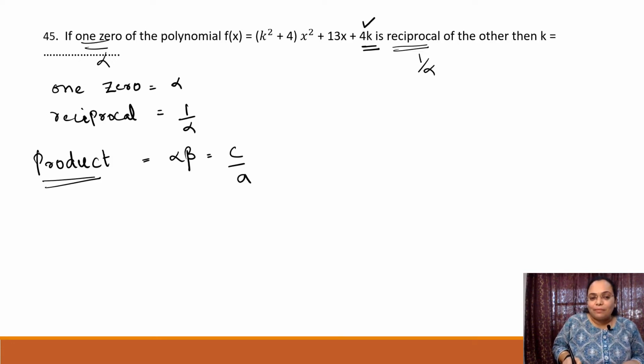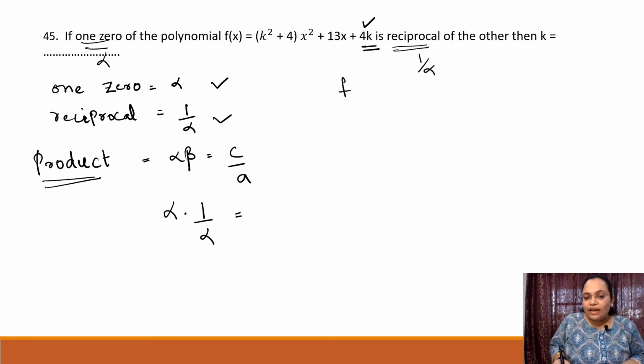What is alpha beta? They have given one zero and the reciprocal of the zero, which is alpha into 1 by alpha. And from the given f of x is equals to k square plus 4 of x square plus 13x plus 4k.